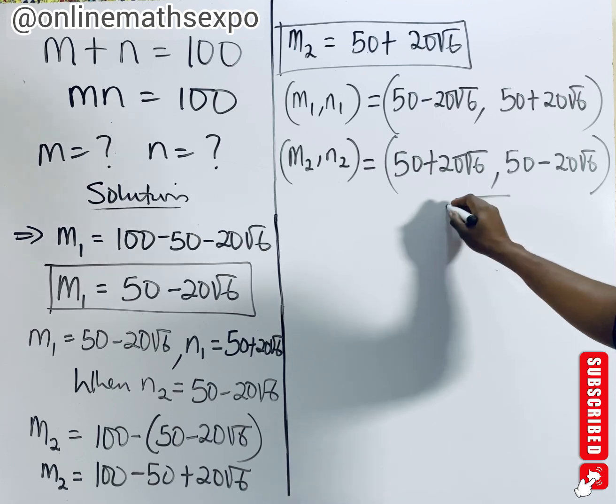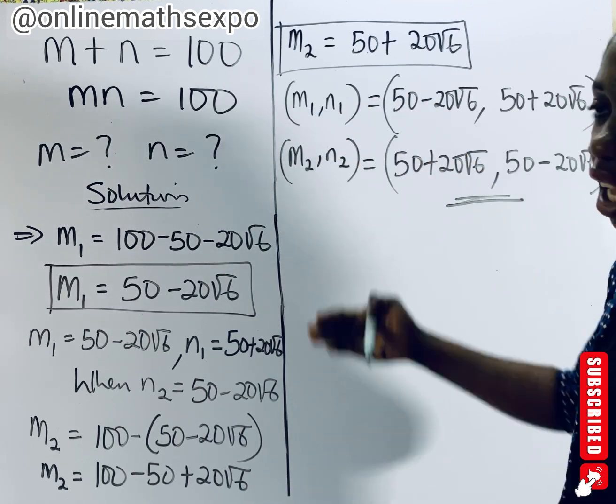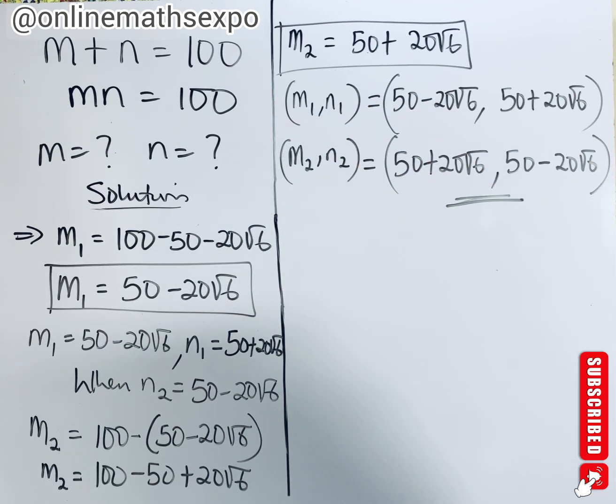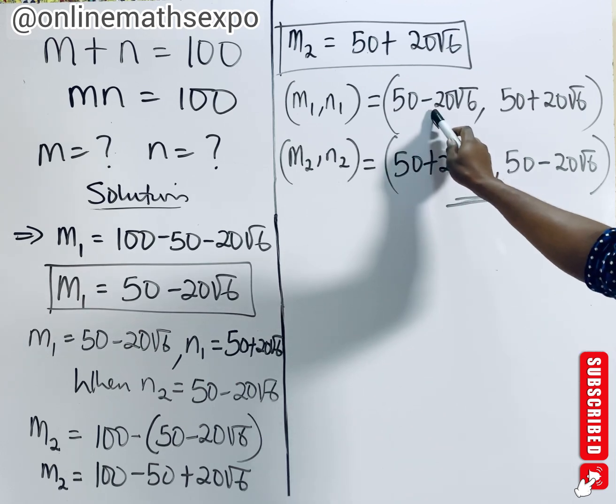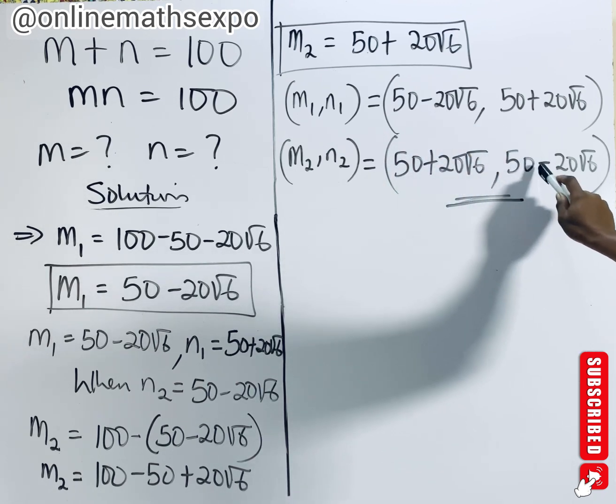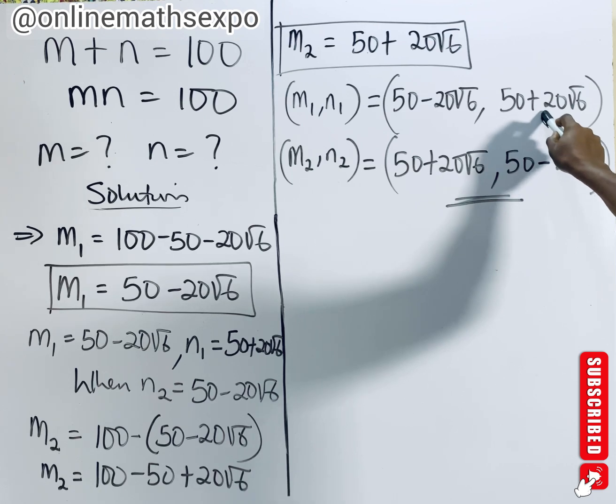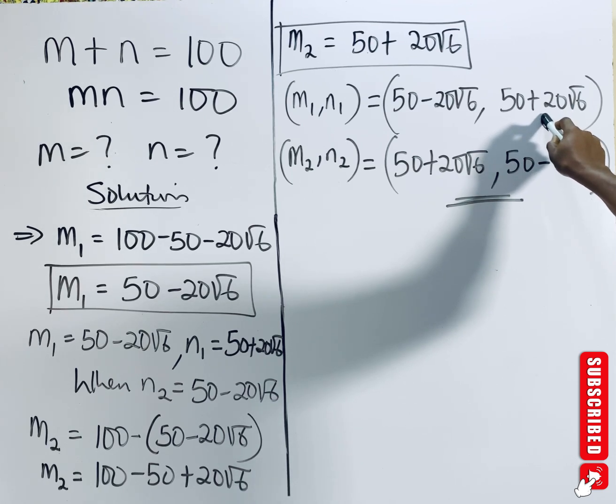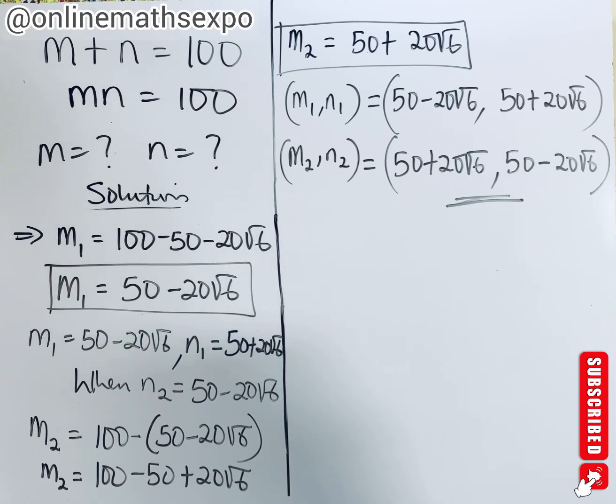So these are the values, the sets of m and n. If you look at this, you observe that m1 in the first set is the same as n2 in the second set, and also m2 in the second set is the same as n1 in the first set.